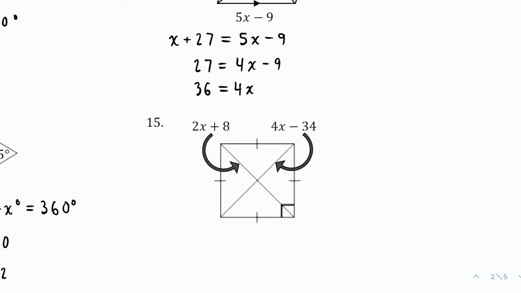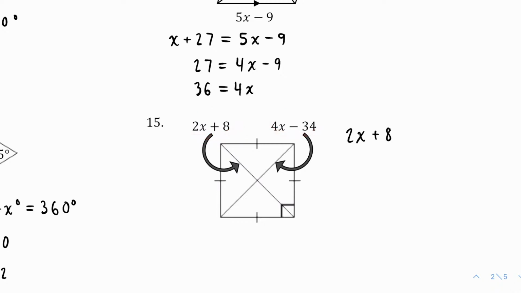And one thing that we know about the diagonals in a square, since it's a rectangle, the diagonals are congruent to each other, and they bisect each other. So like this piece is equal to that piece, which is equal to that piece, which is equal to that. So basically, these two things we can just set equal to each other.